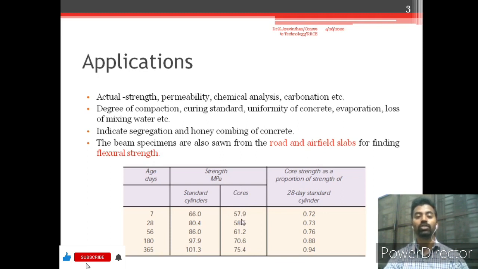This is because of variations such as degree of compaction, curing standard, uniformity of concrete, etc. So due to this effect, generally the core test value is lesser when compared with the 28 day standard cylinder test. You can see the difference in terms of proportion.